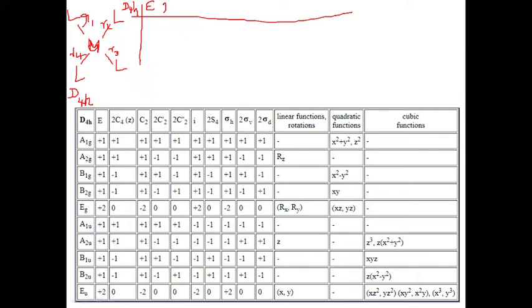E, 2C4, as it is lying along the Z axis, then C2, 2C2 prime and 2C2 double prime, and center of inversion, 2S4 axis, and sigma h and 2 sigma d.